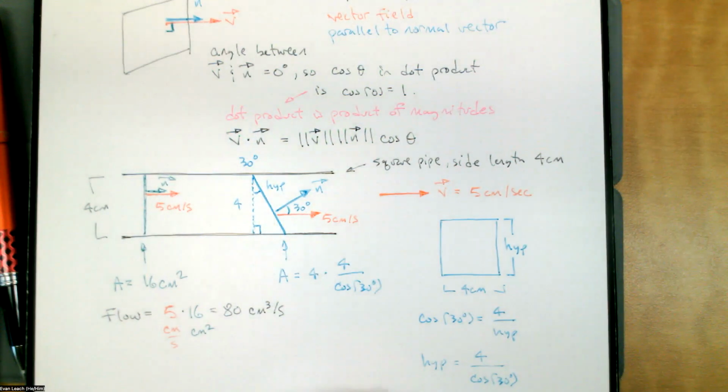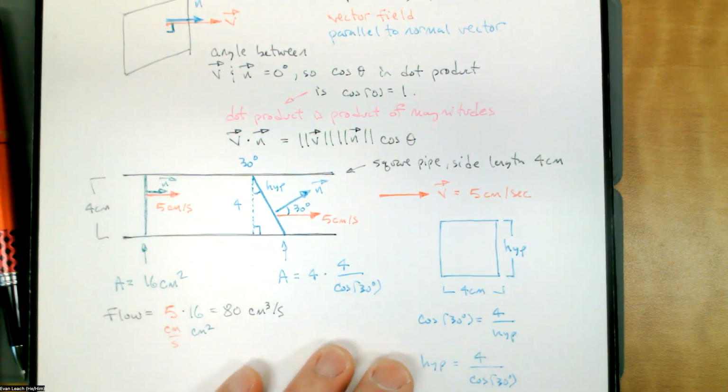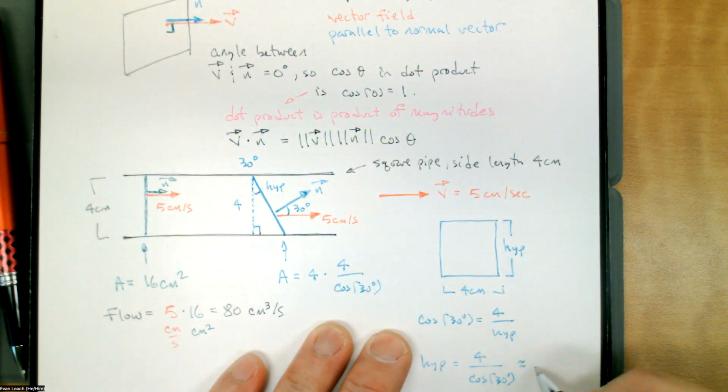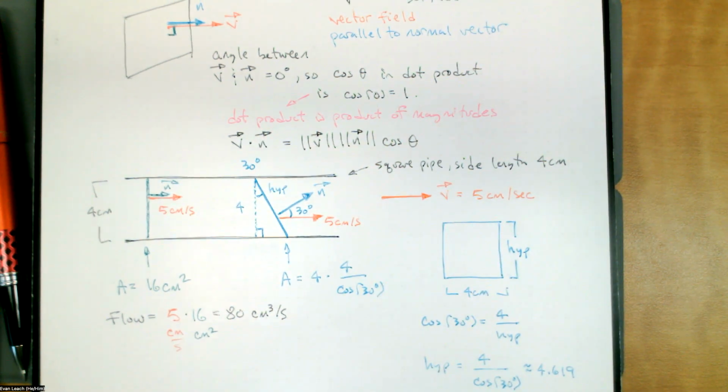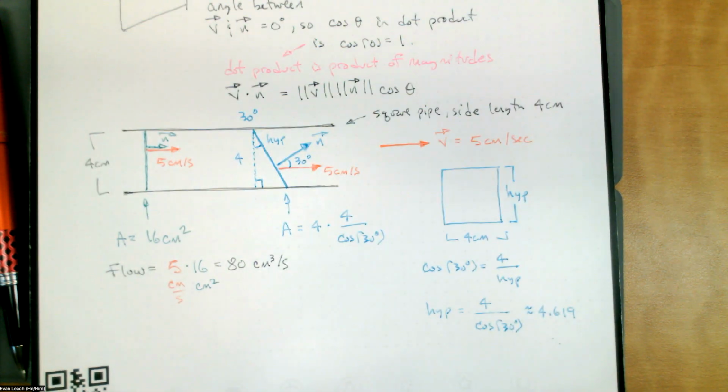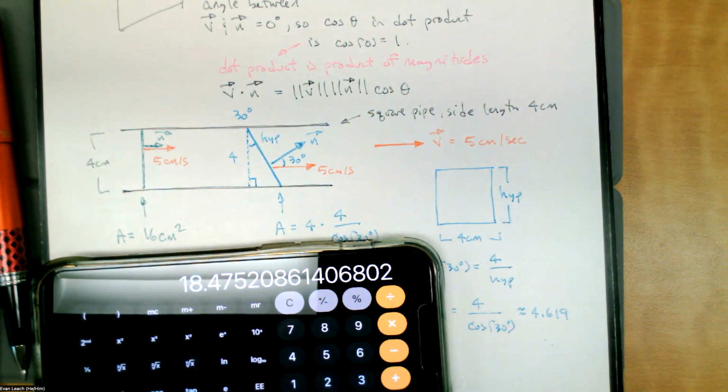So this is approximately 4.619. So 16 over cosine of 30. Yeah, 18.475. So it's irrational.